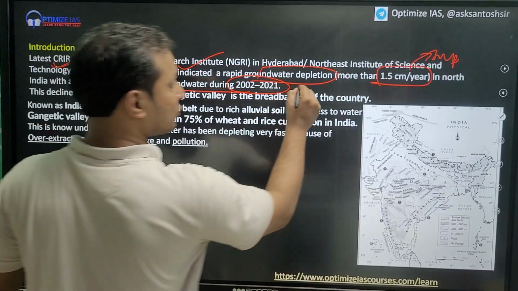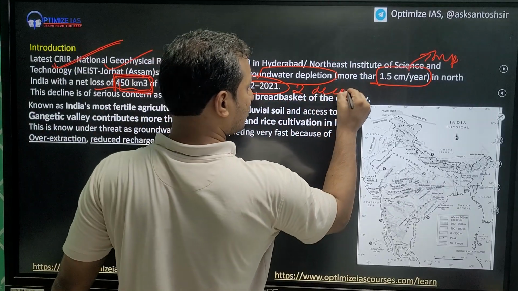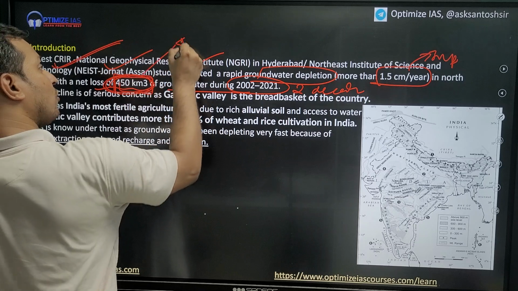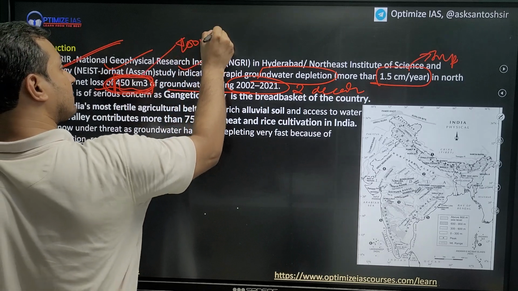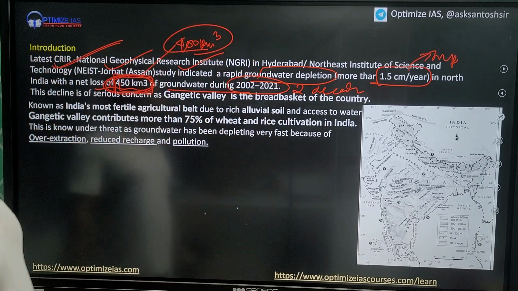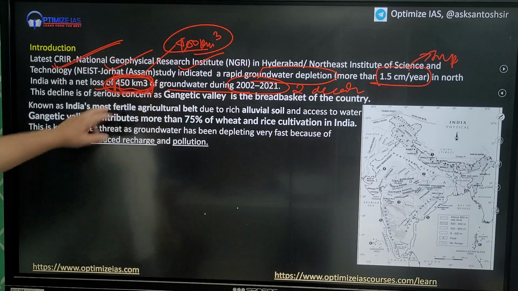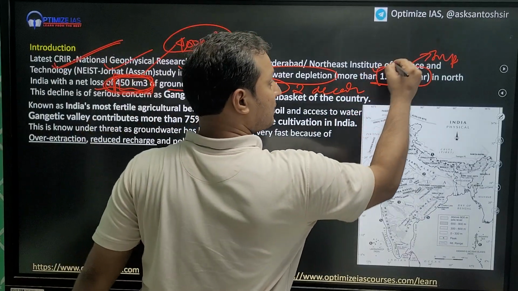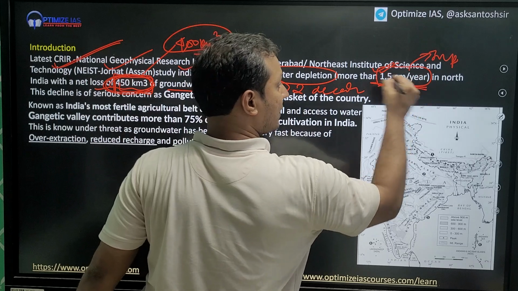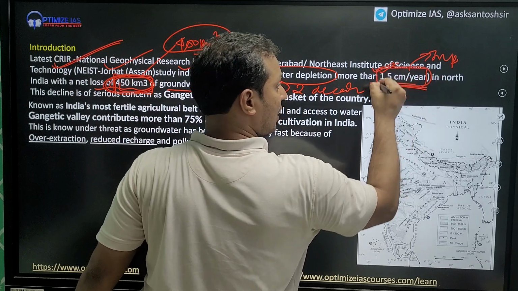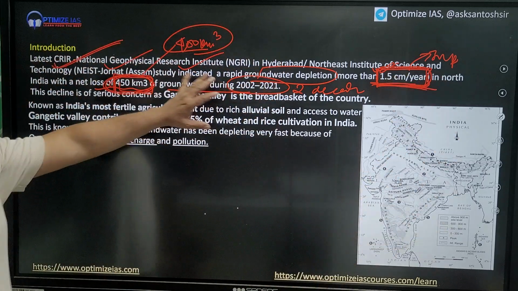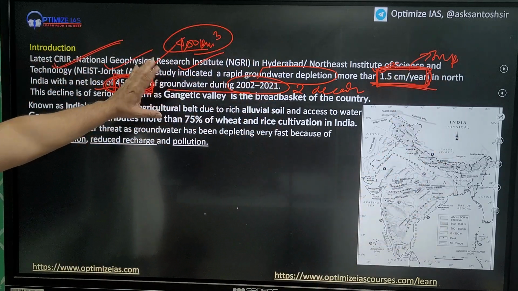So in the last 2 decades, this is the loss of groundwater, 450 km cube, and there is a fall of 1.5 centimeter per year. If you write even any one fact, that is more than sufficient.